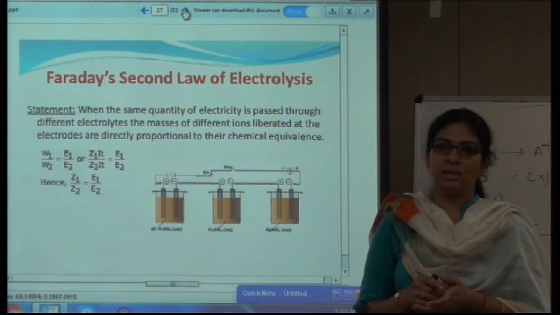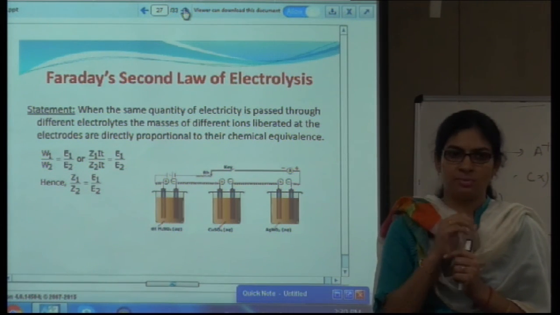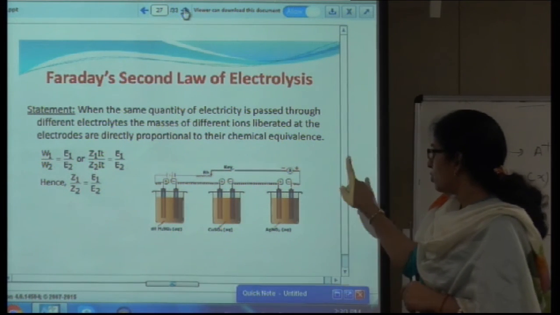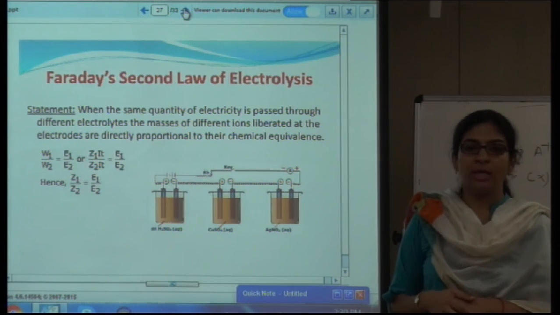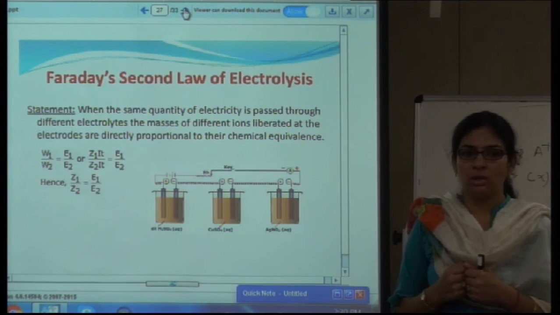So you will expect that if 1 coulomb of charge is passed through the solution, you can have copper sulfate solution, AgNO3 solution, H2SO4 solution also, but do we get the same quantity of substance depositing on the electrodes?